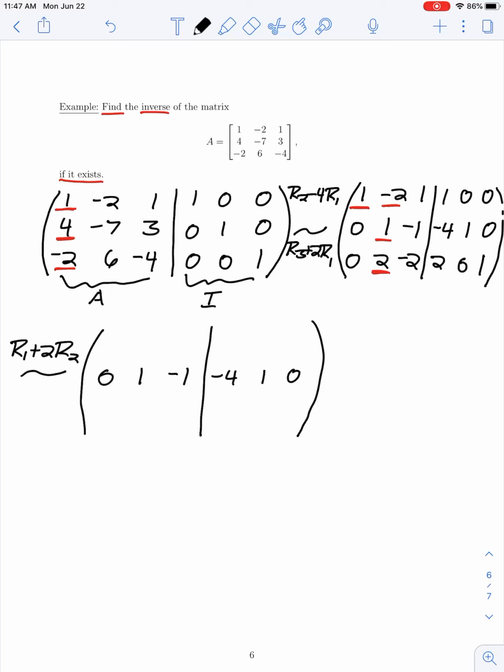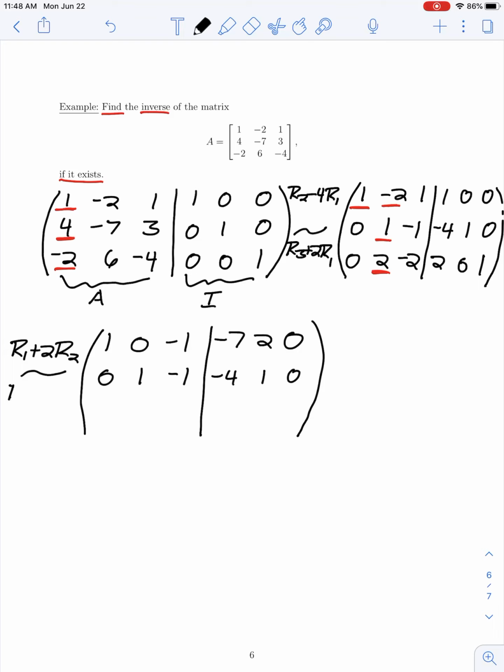Then performing this operation on the first row, I might have a first row of 1, 0, let's see, negative 2 plus 1 is negative 1. And then on the right-hand side, I would have negative 8 plus 1 is negative 7, 2, and 0.